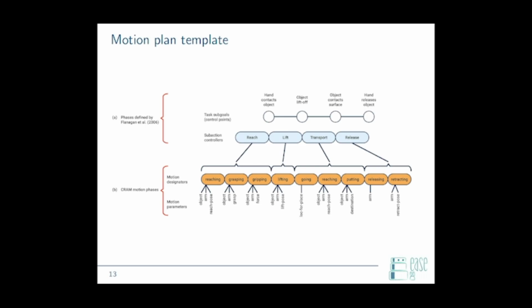So if we reach for an object, we want to have the hand being in contact with the object, lifting it, the object being lifted. And for each of these phases, we have particular parameters that tell us exactly how the motion should be executed. If we do reaching, we have to tell basically where and how the object should be grasped, which arm to use, and what is the reach pose, and so on.